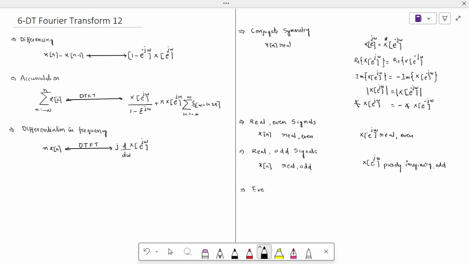And even and odd decomposition of real signals.